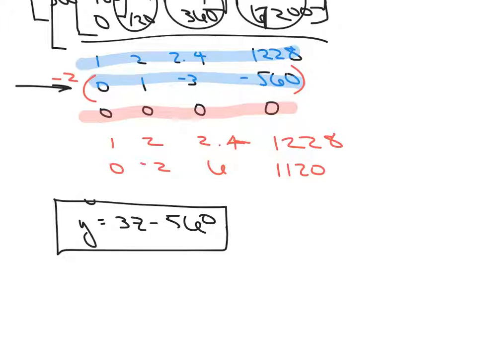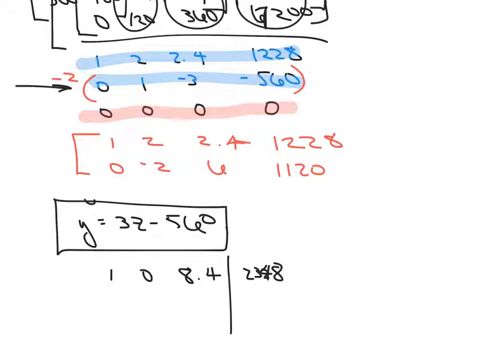Okay, so now I'm going to add these two together to get a new first row, and that way things will work out better for me. So my new first row will be, let's put it down here, 1, 0, 8.4, and 2348.